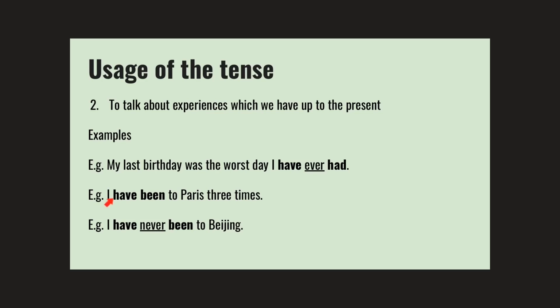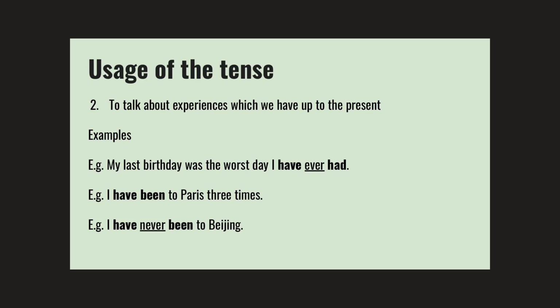Okay. In example 2, I have been to Paris 3 times. Can anyone take away your experiences of going to Paris? No. So your experience stays as a continuum of fact, right? So you have been to Paris 3 times.